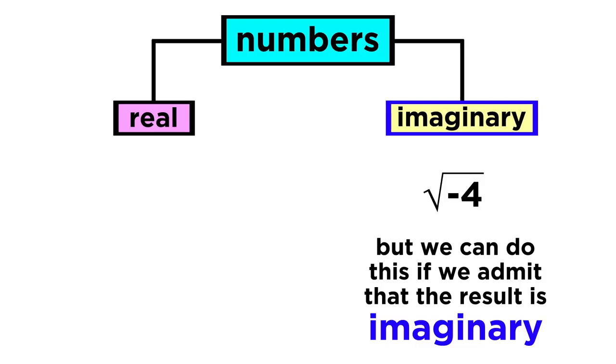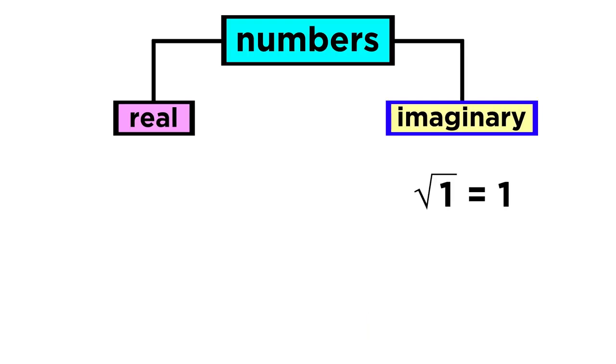However, in another sense, we can take the square root of a negative number if we admit that the result is imaginary. While the square root of 1 is simply 1, we will say that the square root of -1 is i. This is a lowercase i, always in italics, and it is the fundamental imaginary number.